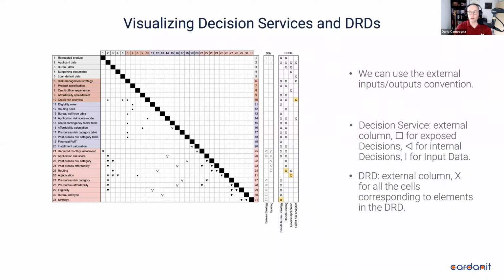So I believe that it scales well as long as you embrace this idea of working with this matrix representation.